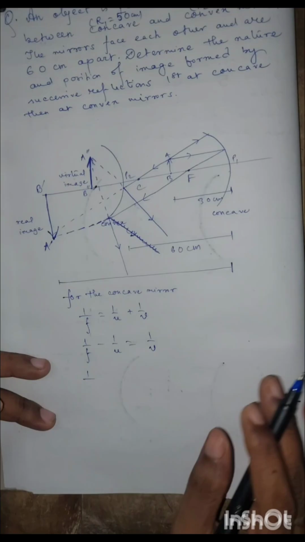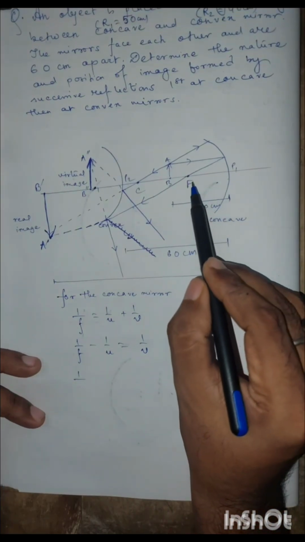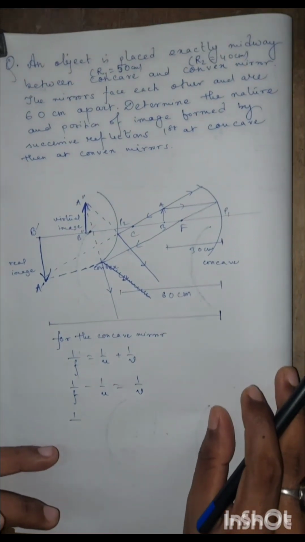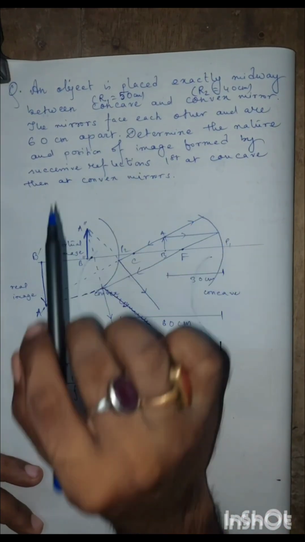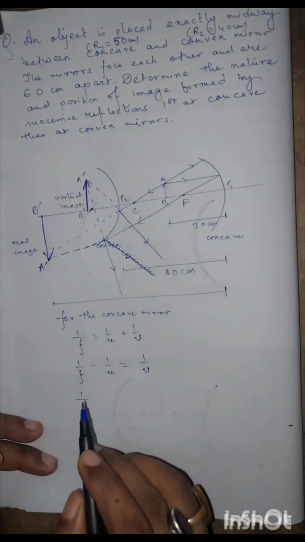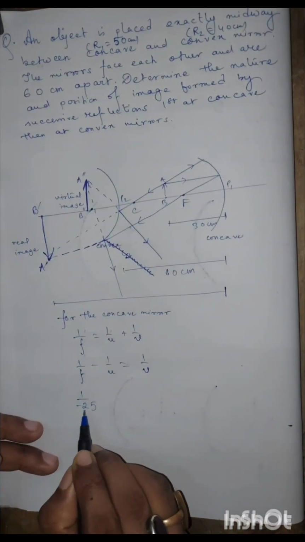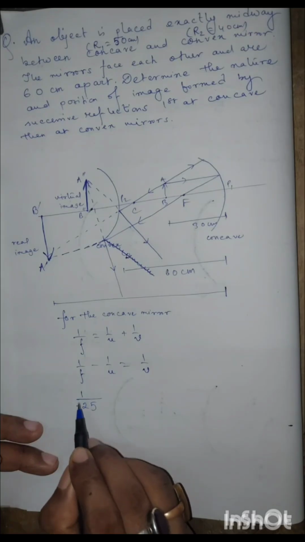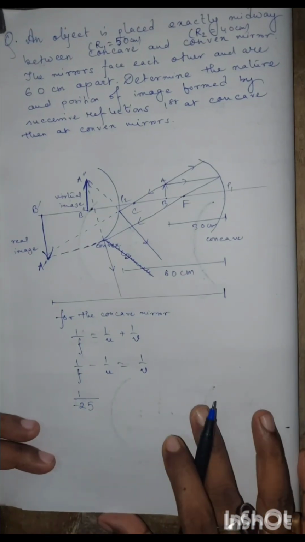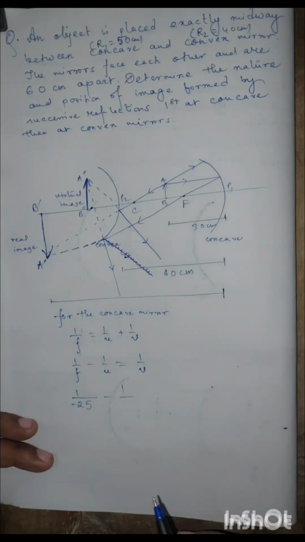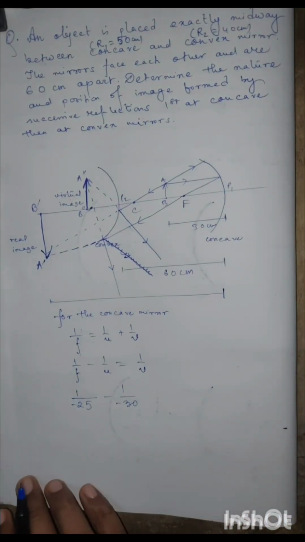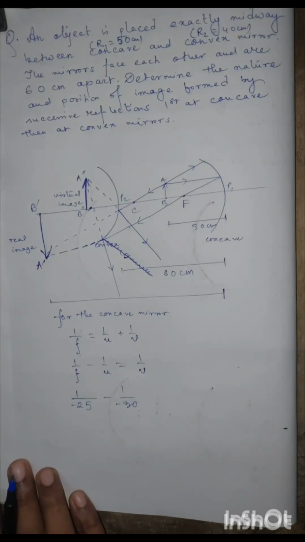1 by f is, this is our focal length, which is half of the radius of curvature. That means 25 centimeter, minus 25 centimeter. So the focal length of the concave mirror is minus 25 centimeter. Object distance, u is minus 30.